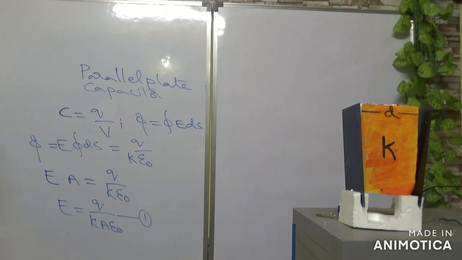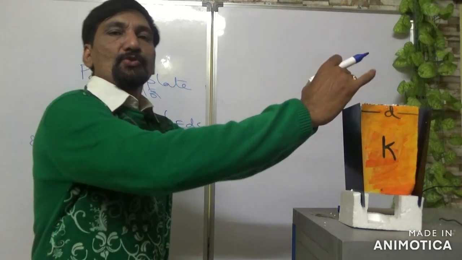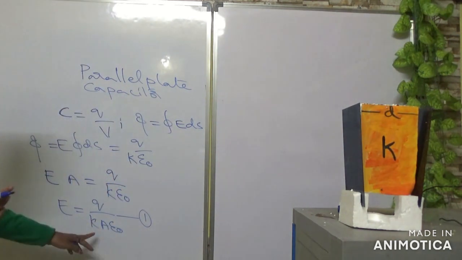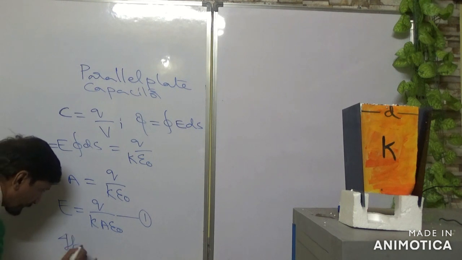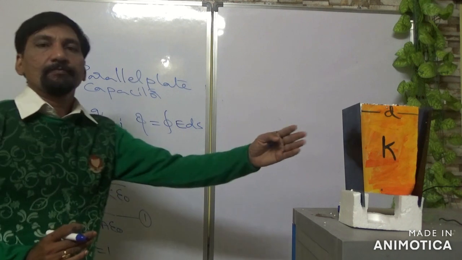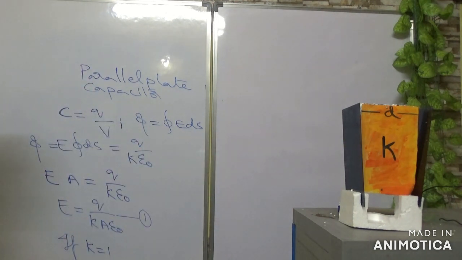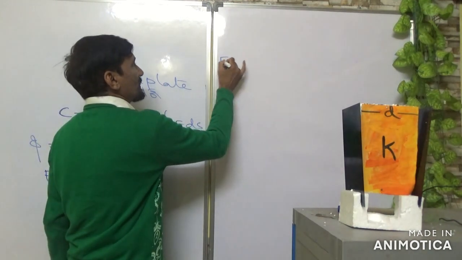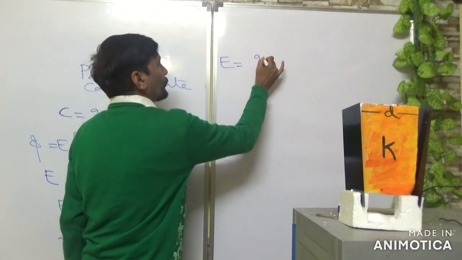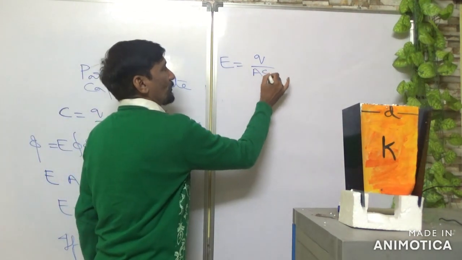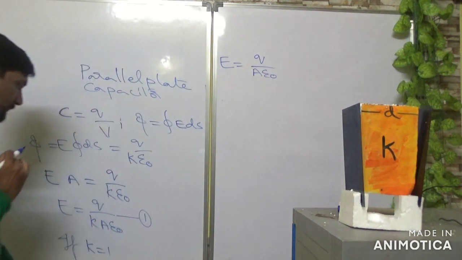Suppose there is no medium between the plates, and only air is the medium. Then the K value is taken as 1, and E is equal to Q by A epsilon naught.